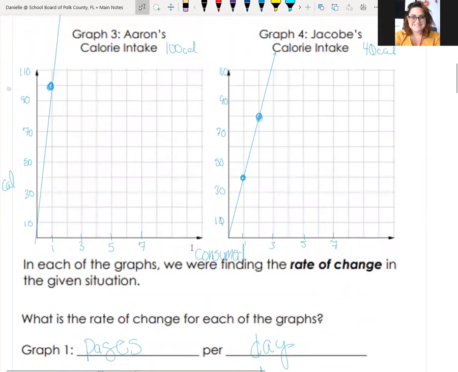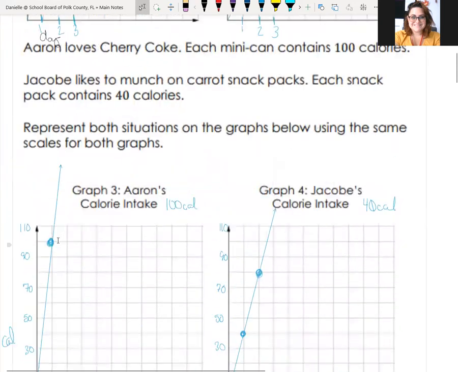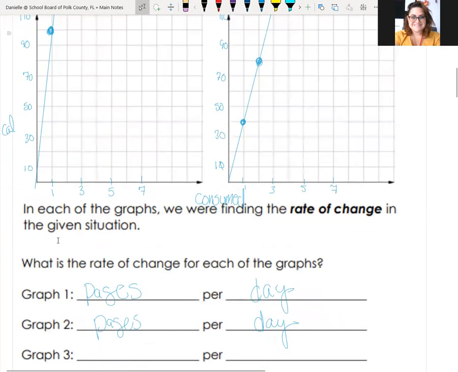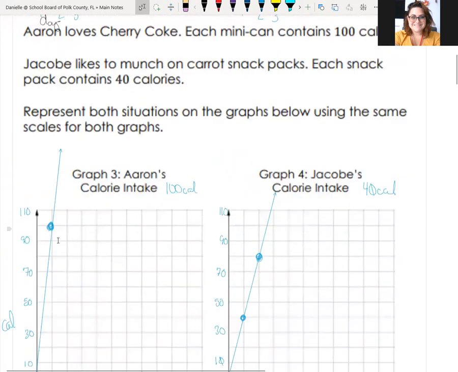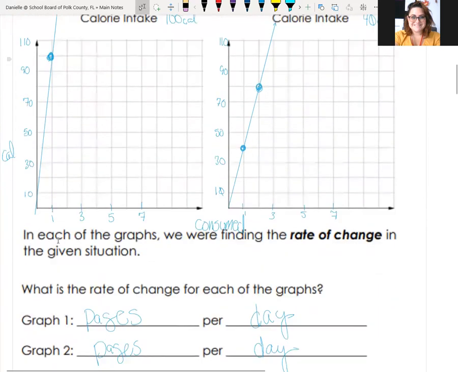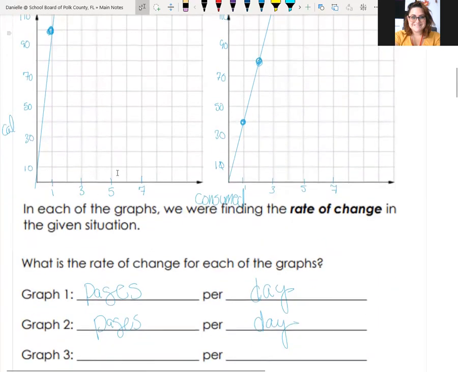And then on the second one, I said consumed per calories. No, I'm doing this right. Okay, second guessing myself. Calories per consumed.